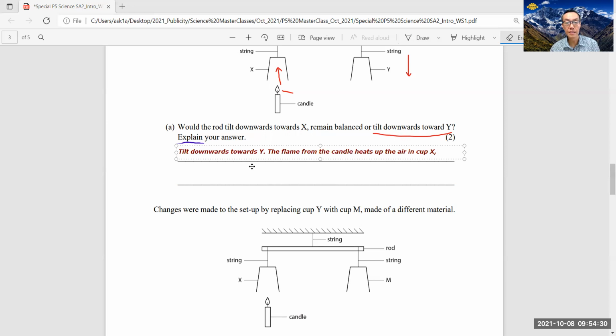So we mentioned the flame from the candle heats up the air in cup X, causing the warm air to rise upwards, thus pushing cup X upwards.